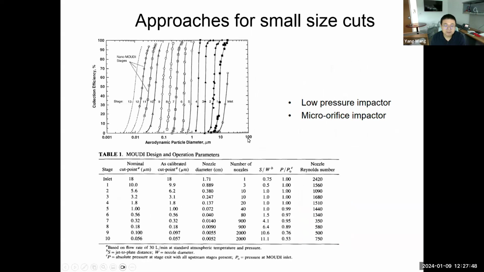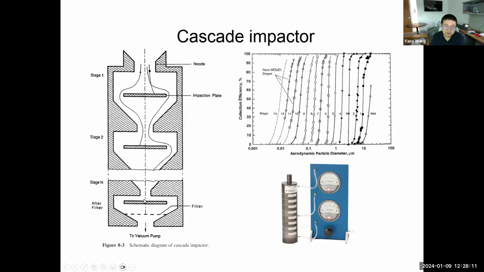And then you can see that here is a more detailed list of how each stage of the MOUDI impactor corresponds to different cutoff sizes and their associated Reynolds number, right? We want to make sure that we do not develop turbulent flow, otherwise it will mess up the particle trajectory. And because of the extreme condition in the last stage, since the velocity is getting close to the speed of sound, we are now in compressible air, or we have to consider the air compressibility, right?